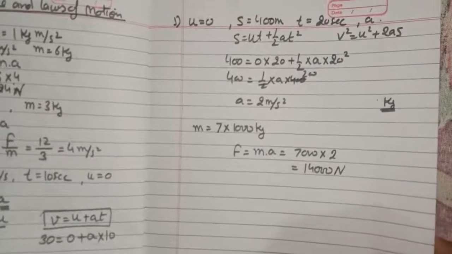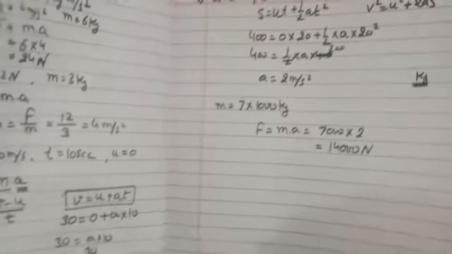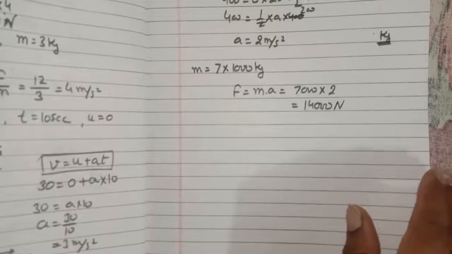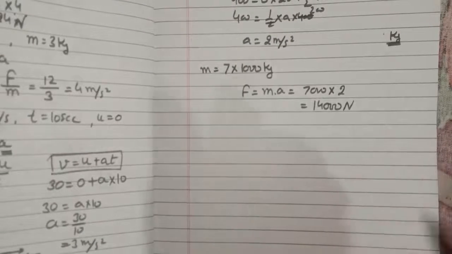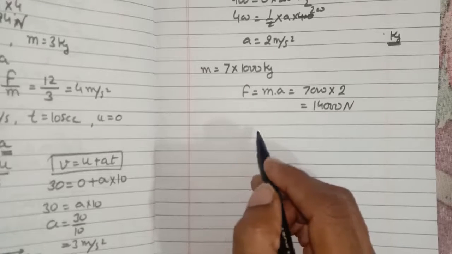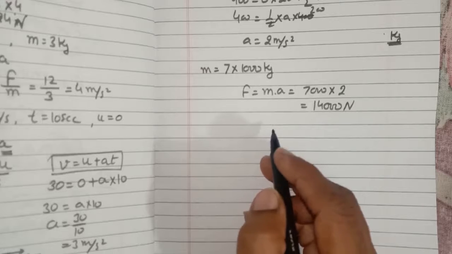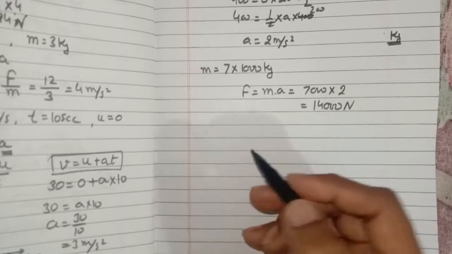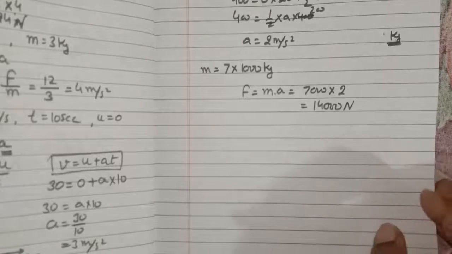Now after Newton's second law, we are studying Newton's third law. Lots of questions can be based on Newton's third law, because it has lots of applications in your daily life. You might not even know in how many places Newton's third law is applicable.